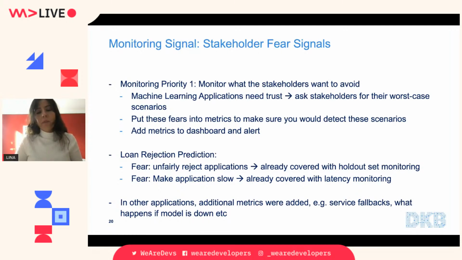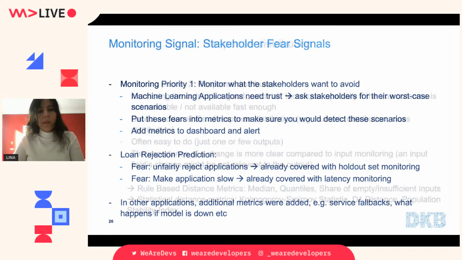I mean, it's great if the model works, but if they have a specific case that they're worried about and you don't cover it and you also don't detect it, you will lose a lot of trust for your machine learning application. So to me, these fears are useful to include in our monitoring and business thinking when thinking about how to monitor this business-related service.